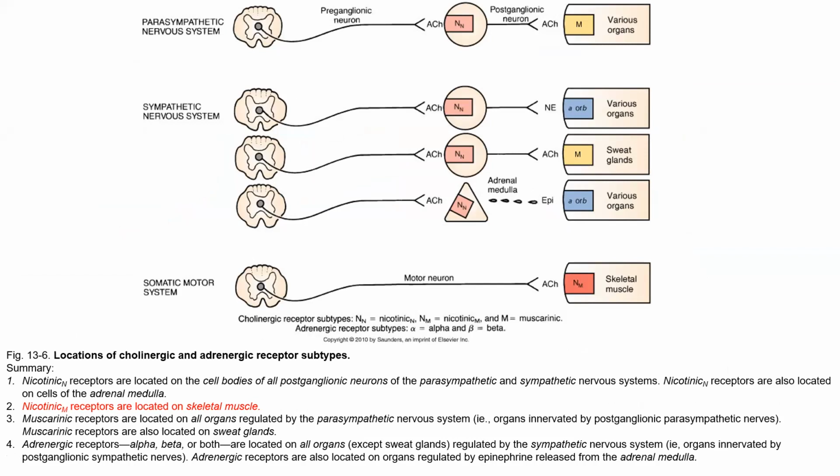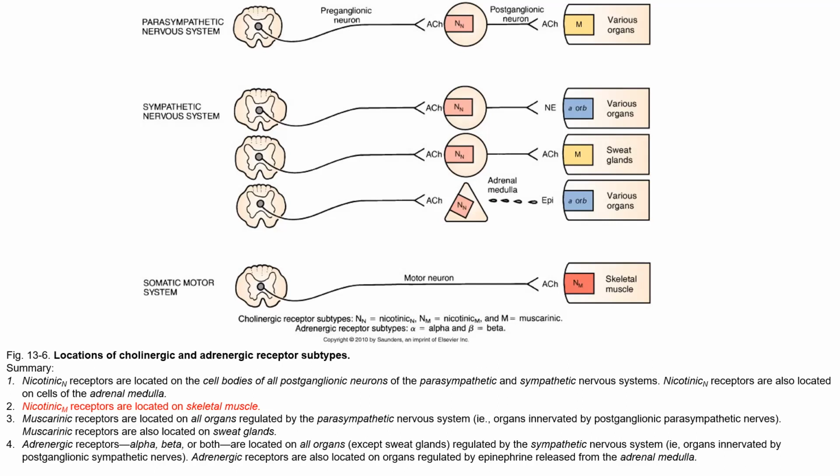They are defined as cholinergic receptors: nicotinic N, nicotinic M, and M, which is muscarinic receptors. Now, alpha 1, alpha 2, beta 1, and beta 2 are all under the sympathetic.